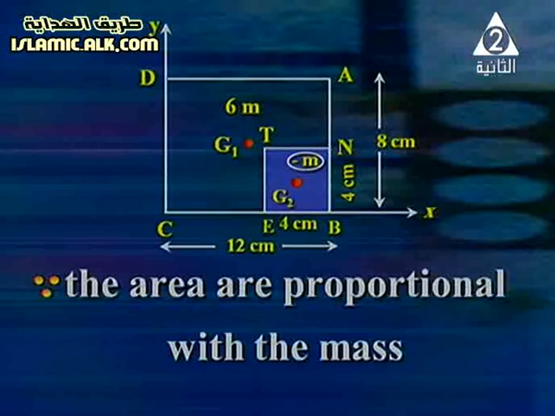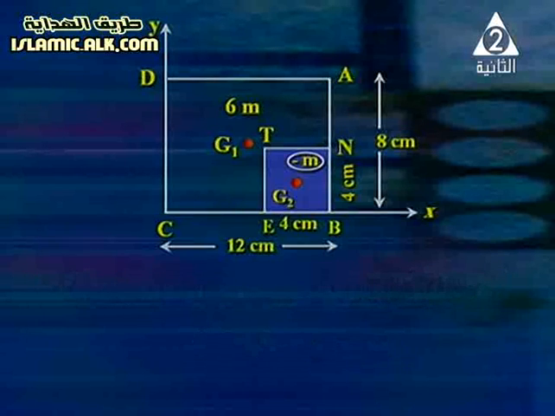What do you mean? The areas of the square and the rectangle are proportional to their masses. Why? Because the mass of the square equals 1 over 6 of the mass of the whole lamina. Then the areas are proportional to their masses.